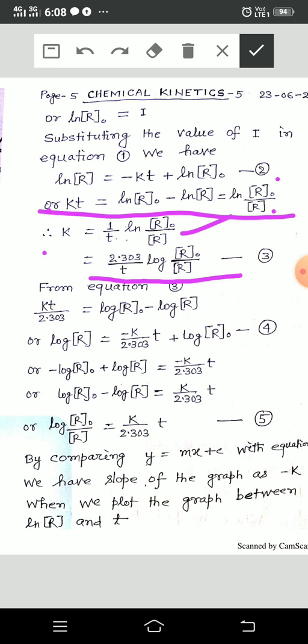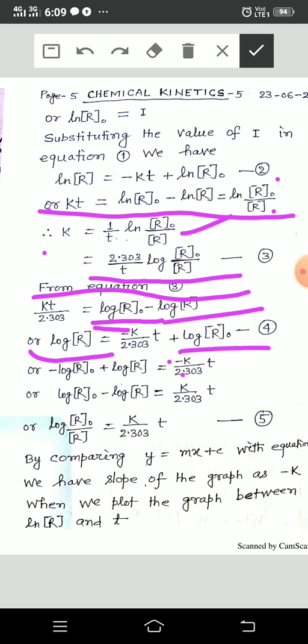From equation 3, kt by 2.303 is equal to log initial concentration minus log final concentration, or log final concentration becomes equal to minus k by 2.303 t plus log initial concentration. It is equation 4.